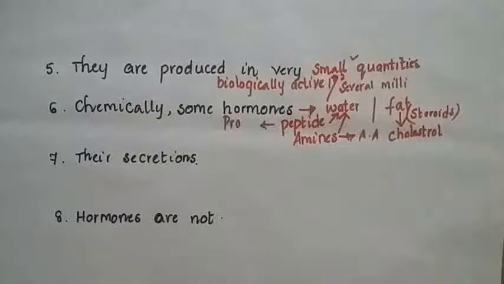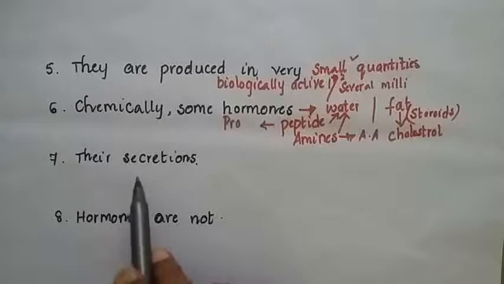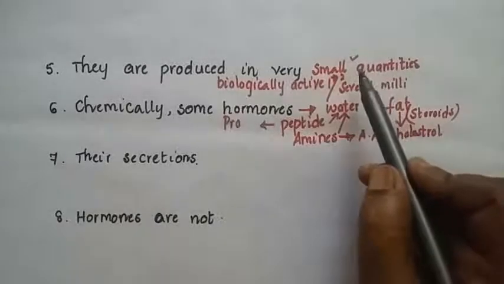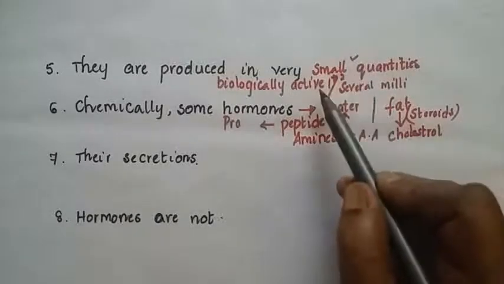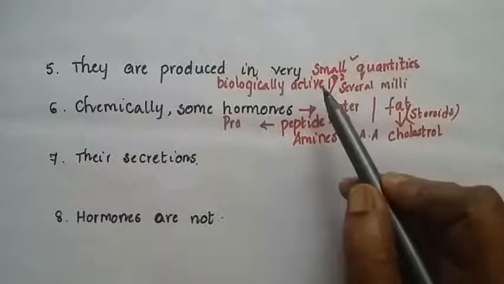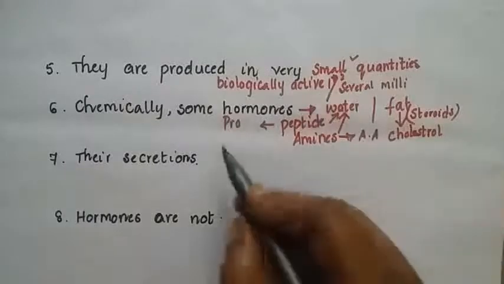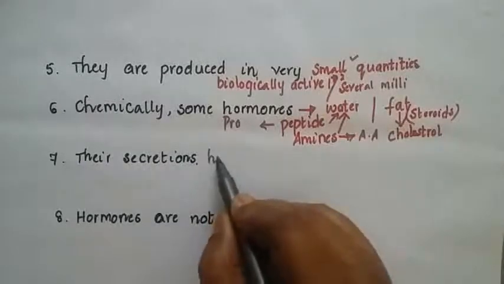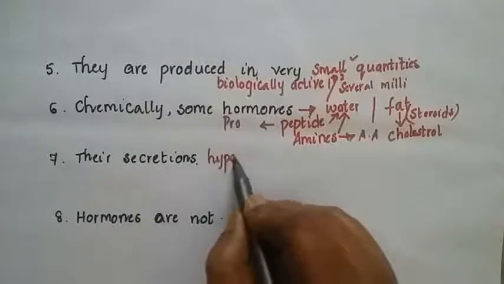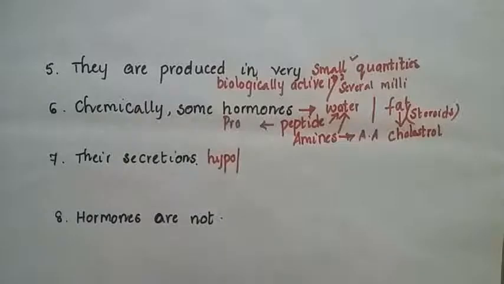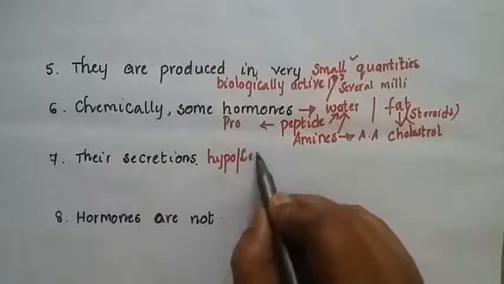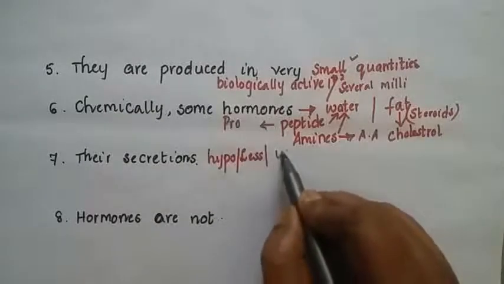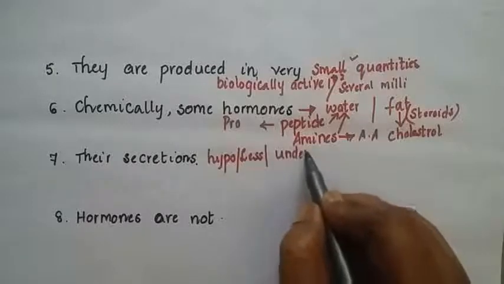Okay, now children, just now I said, though they are produced in small quantities, they are biologically active. Children, there are certain situations where, if there is a hyposecretion, hypo means less secretion, or undersecretion.